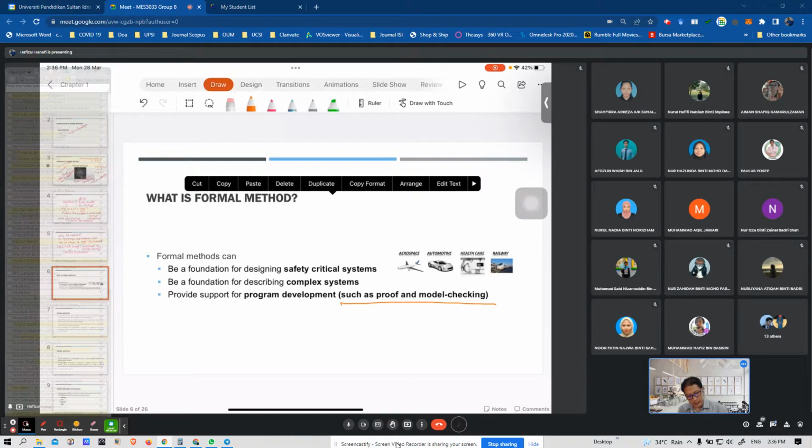Ni semua kita nak tengok dia punya system behavior. Yang macam saya explain tadi, we are looking at the system behavior by using the model and abstraction.